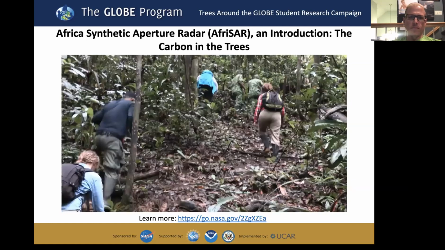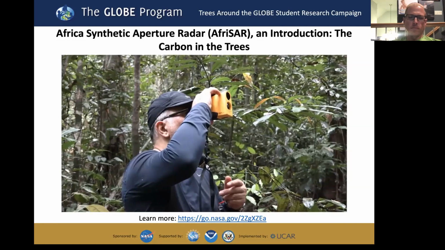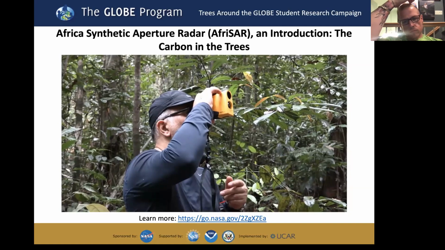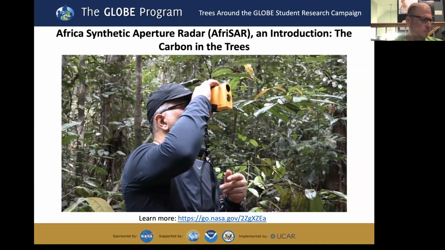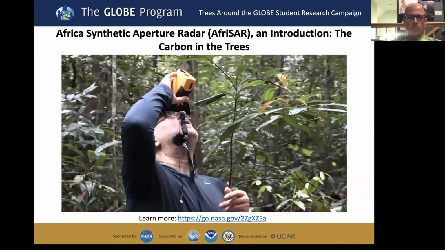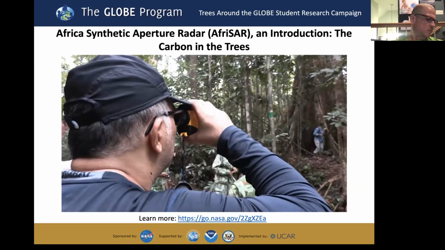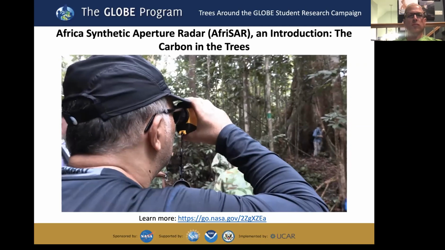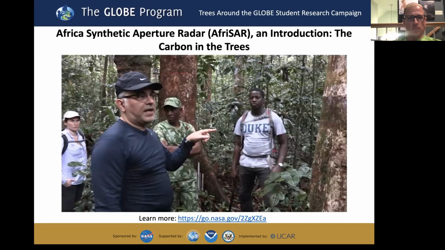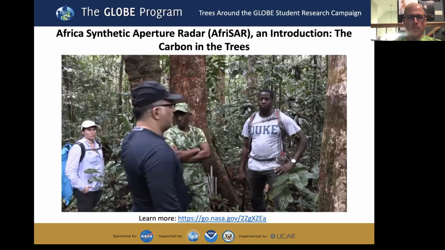My name is Sasan Sachi, and my role would be to collect some data on the ground to validate and verify what we observe with our instruments on the aircraft. This is one of our plots. It's 1 hectare. It goes 100 meters this way and 100 meters that way.